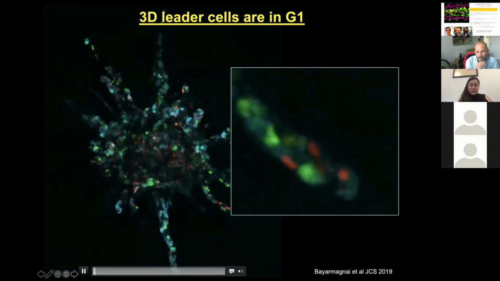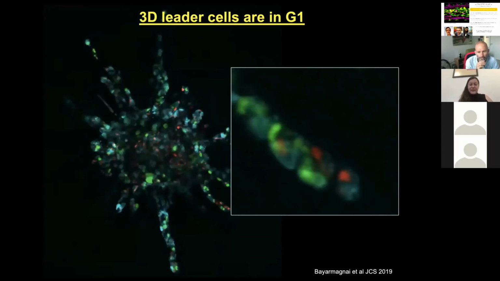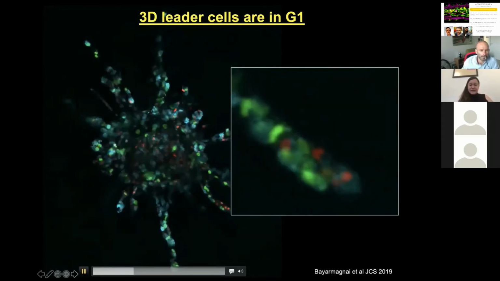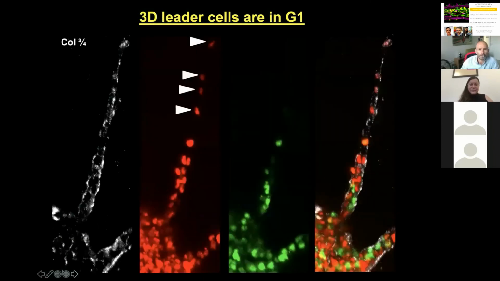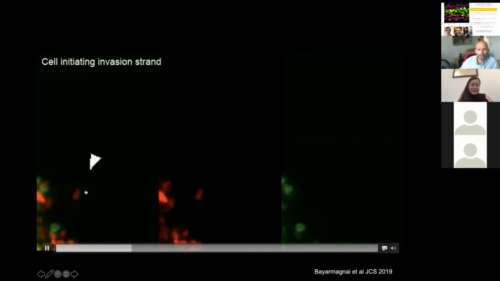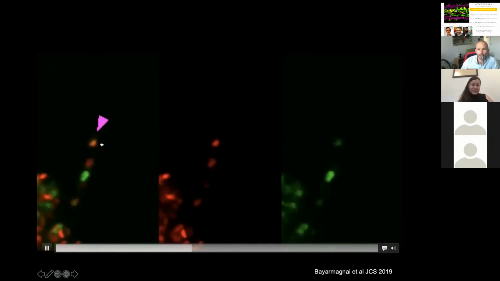And we were really annoyed by that. And we started looking into every single cell through time, and when and why this is the case only in 80% of the spheroids. And what we've seen is that the red cells that lead, they have to divide as well.